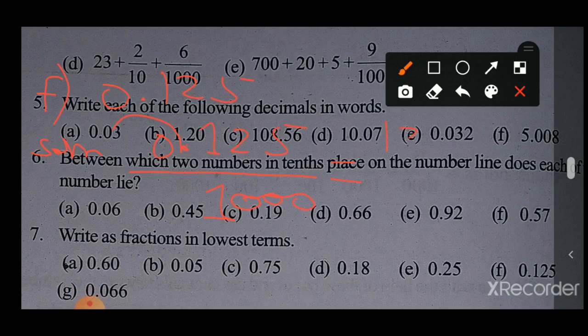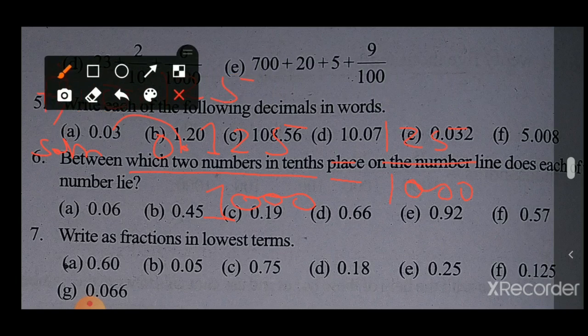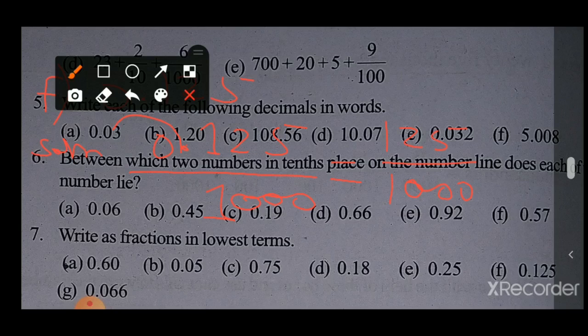It is 125 upon 1000, and after doing the cut short, 25 5s are 125 and 25 4s are 100 and 25 zeros are 0.